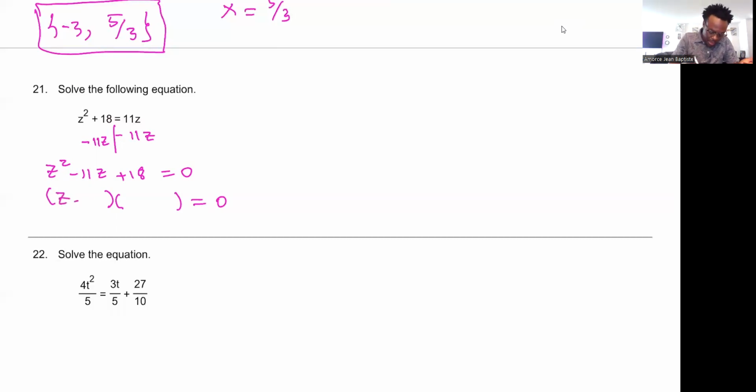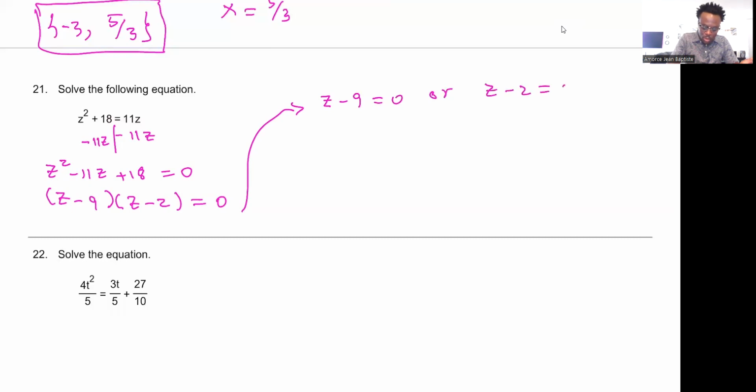So (z minus 9)(z minus 2), and set each to 0. z minus 9 equals 0, or z minus 2 equals 0. Add 9 on both sides for the first one, add 2 on both sides for the second one. z equals 9, or z equals 2. Your solution: 9, 2.